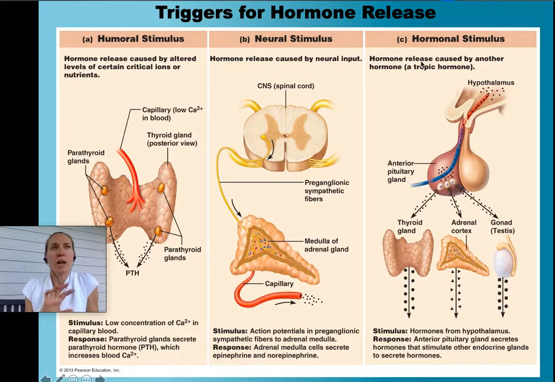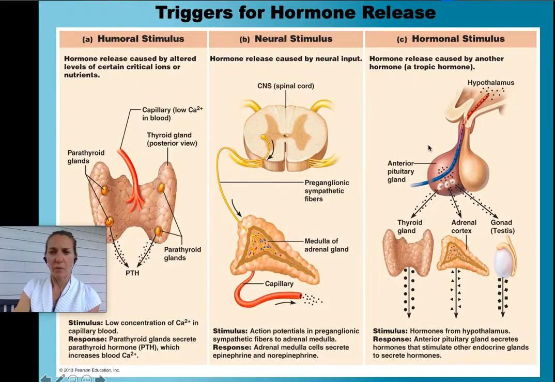When you're looking at mechanisms in this way, we refer to that hormone as being a tropic hormone when it can cause the release of another hormone. What you're seeing here is the anterior pituitary gland is going to release hormones that stimulate the thyroid gland, the adrenal cortex, and the gonads.